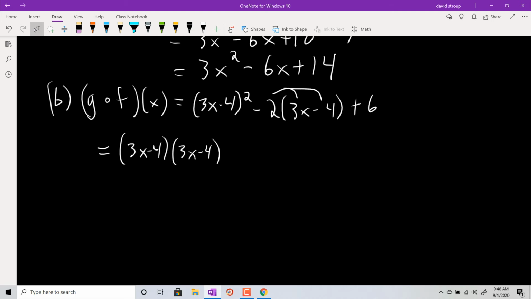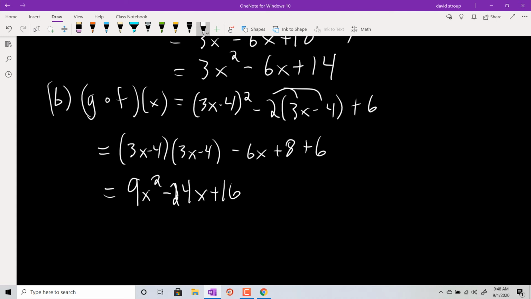The second part we need to distribute. Okay, so we'll have 9x squared minus 12x minus 12x, which is minus 24x, plus 16, minus 6x plus 14. Then you have 9x squared minus 30x plus 30.